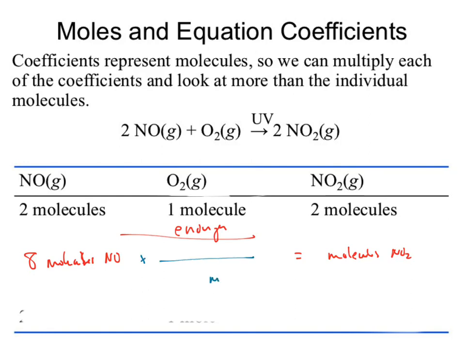How do I convert molecules of NO into molecules of NO2? According to my chemical equation, what number shows up in front of molecules of NO2? 2. What number shows up in front of molecules of NO? 2. How many molecules of NO2 are produced? 8.